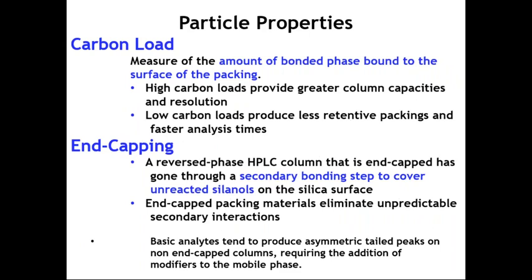Then you have the carbon load. This measures the amount of bonded phase, that means the amount of C18 which is there. So columns with higher carbon load give you greater column efficiency and resolution, and lower carbon loads give you less retentive packing. End capping is a term you will see on reverse phase HPLC columns, where a secondary bonding step is used to cover the unreacted silanols.